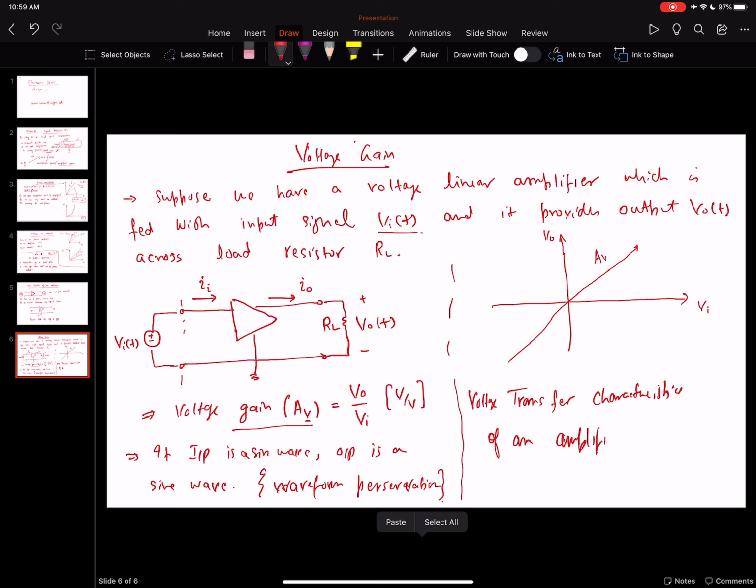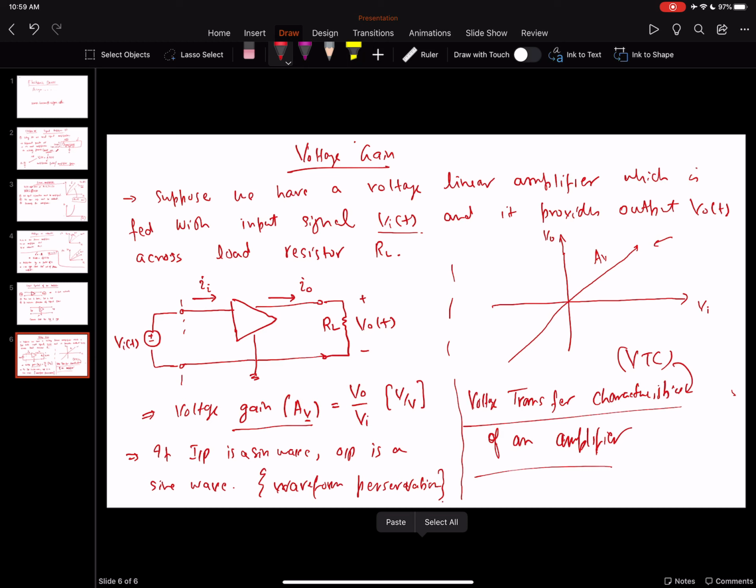You are going to come across this term again and again throughout the course. Whenever you see the abbreviation VTC, it means voltage transfer characteristic, and it shows the relationship between the input voltage signal and the output voltage signal. This linear line shows a linear amplification.